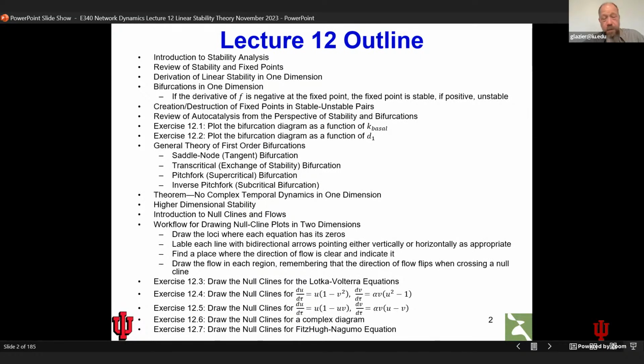I'll talk about one-dimensional bifurcations, and then I hope that we can begin to work on nullclines and higher dimensional bifurcations towards the end of the class. And that will certainly occupy us for 2 weeks to get through all of that.